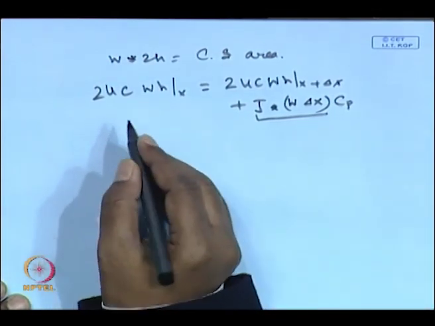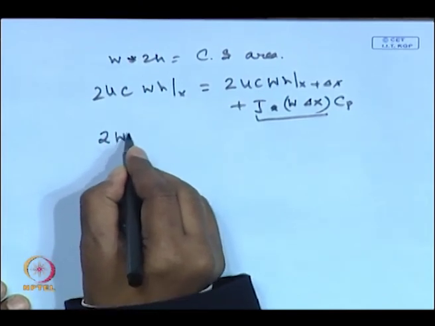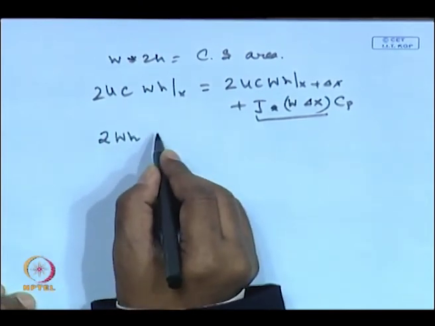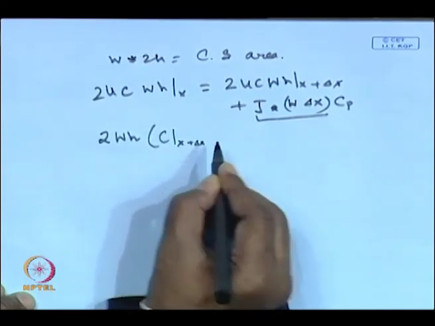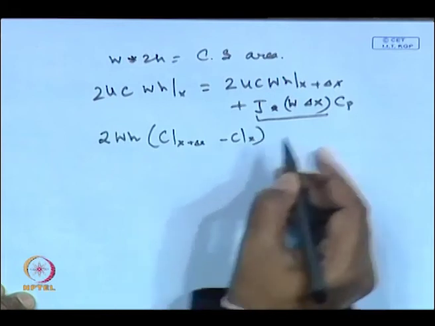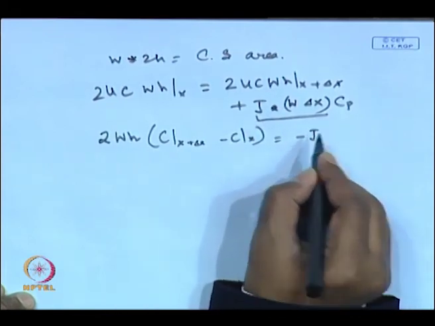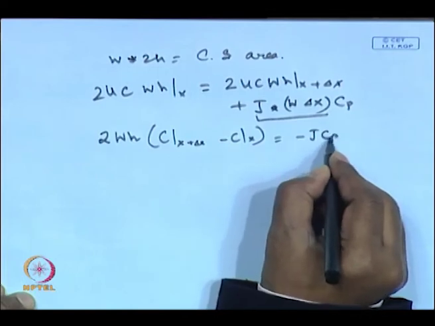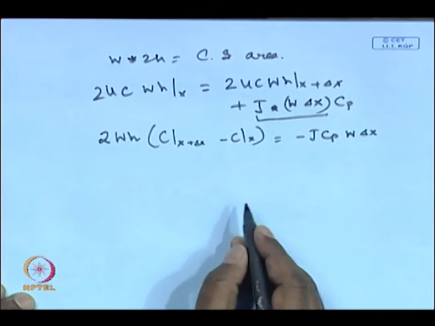So what you get is that 2WH is common, C at x plus delta x minus C at x is equal to minus J Cp times W times delta x, right?